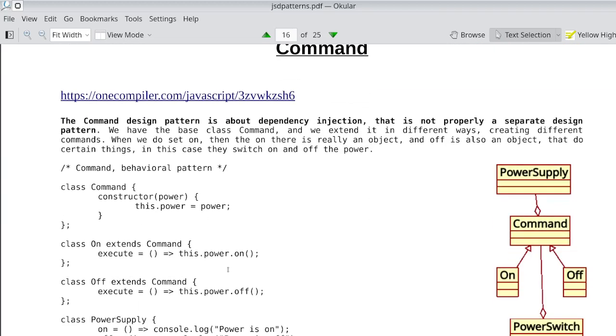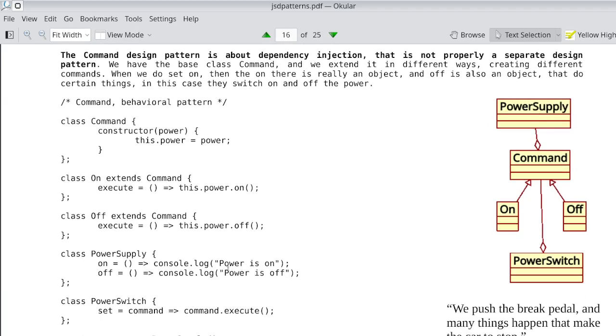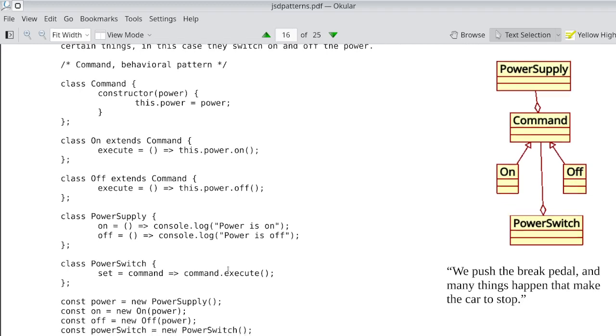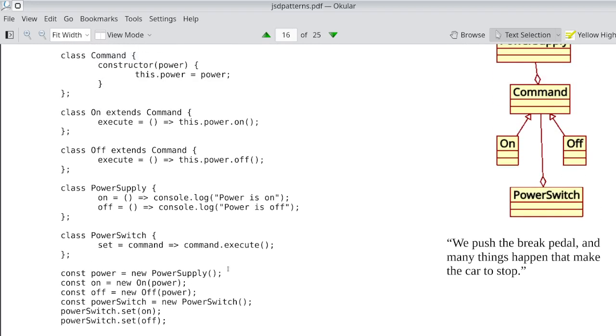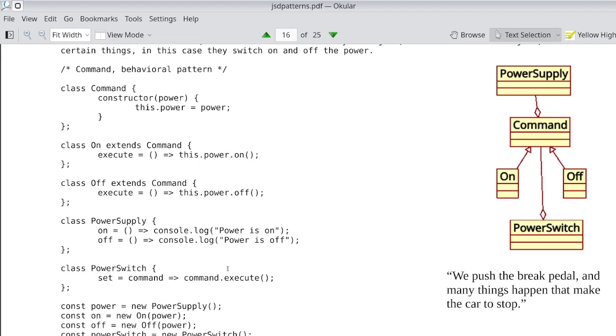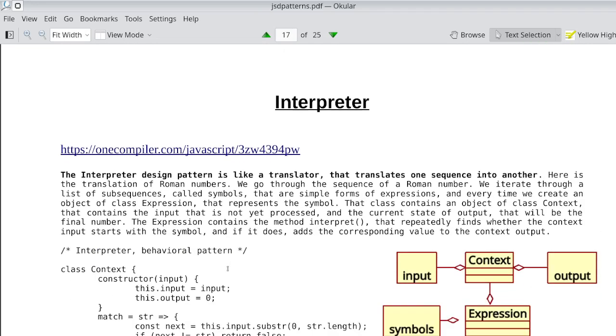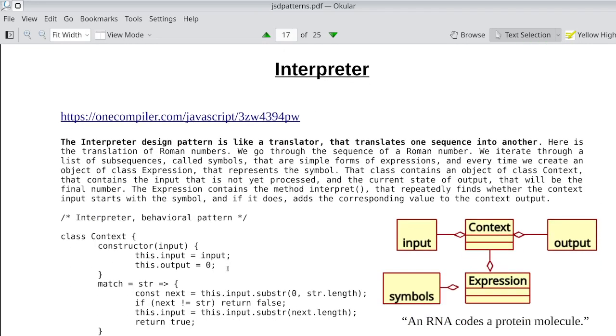The command design pattern is about dependency injection, that is not properly a separate design pattern. The interpreter design pattern is like a translator, that translates one sequence into another.